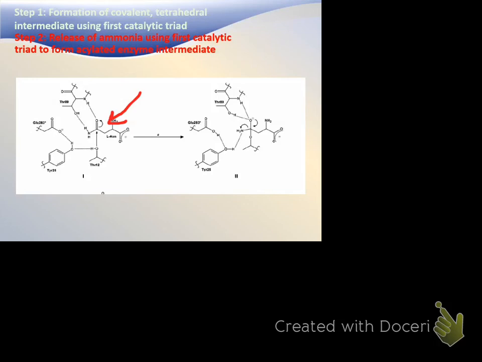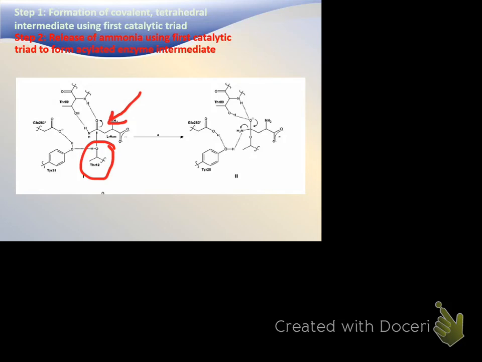It's a threonine alcohol that does the nucleophilic attack, similar to the way the serine did in the serine proteases that we saw last semester. So this threonine becomes more catalytically active because its hydrogen is being removed by that tyrosine that's close to it in three-dimensional structure.